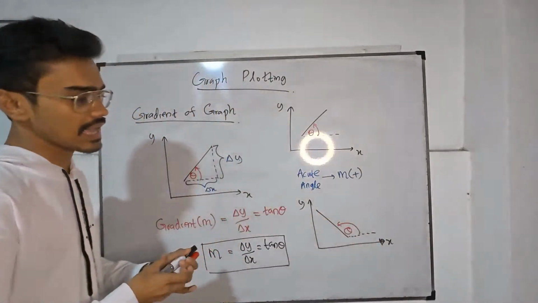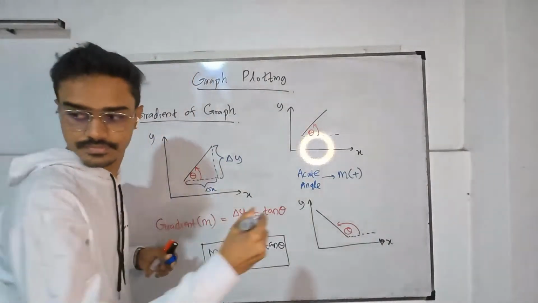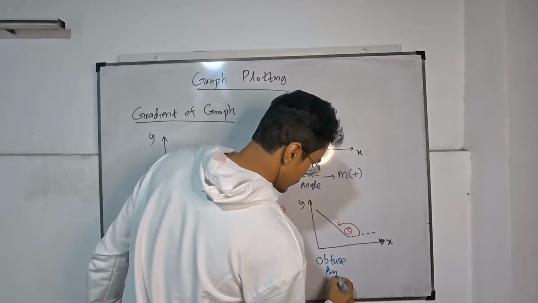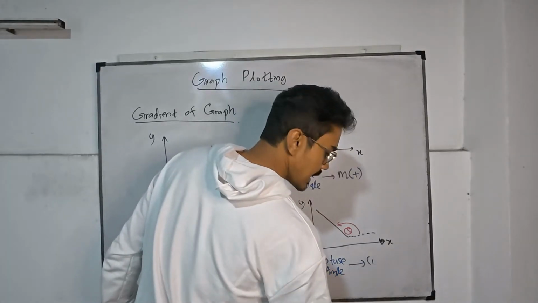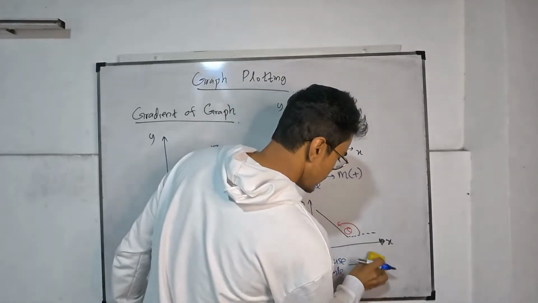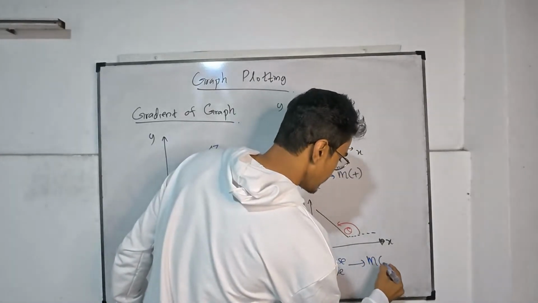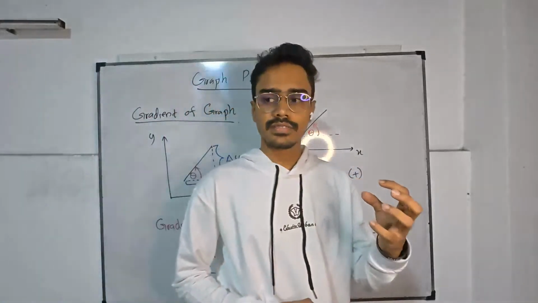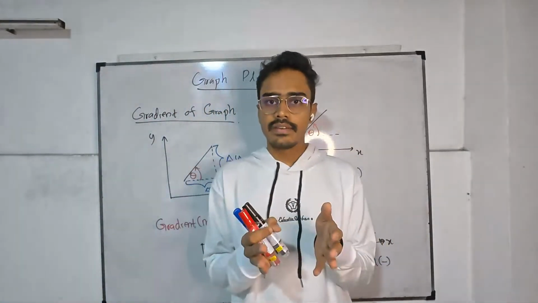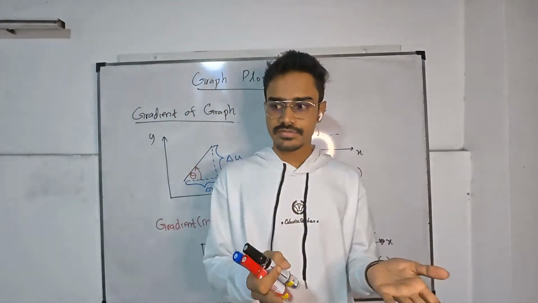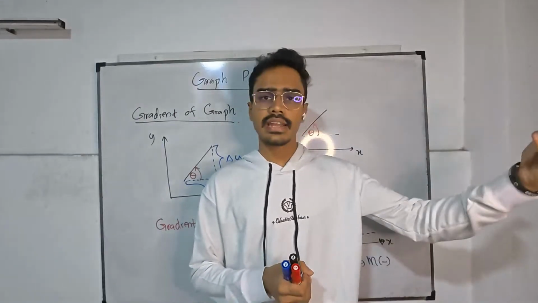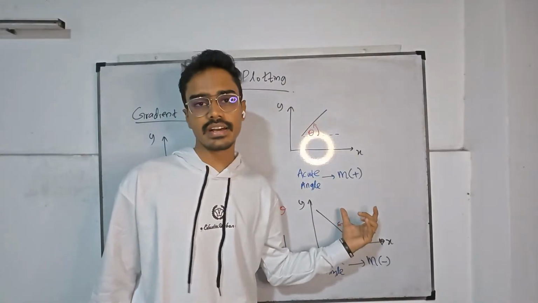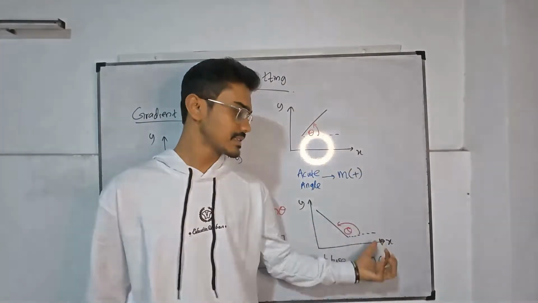So if there is an obtuse angle, the gradient m is minus, because that happens with the values of tan theta. Tan values from 0 to 90 are all plus, and tan values from 90 to 180 are all minus. So this is the sign of gradient. The sign of gradient changes between plus and minus like this.